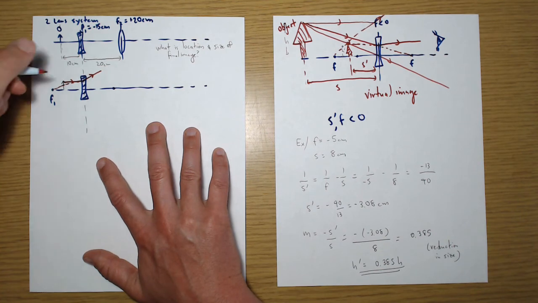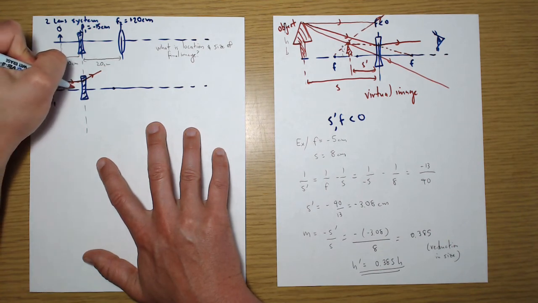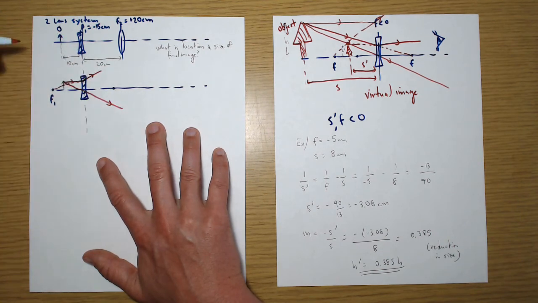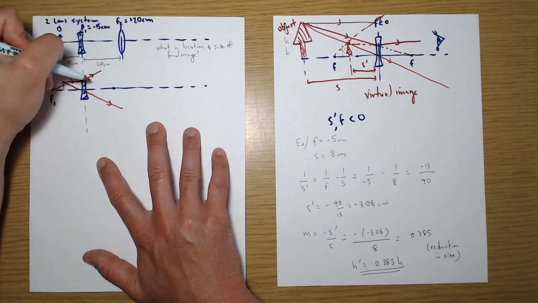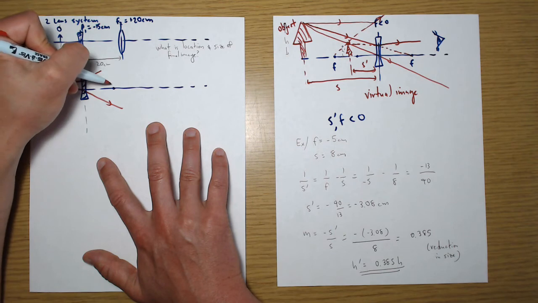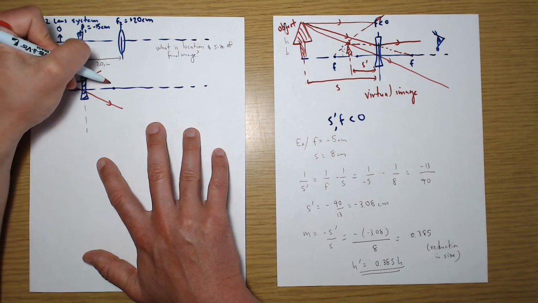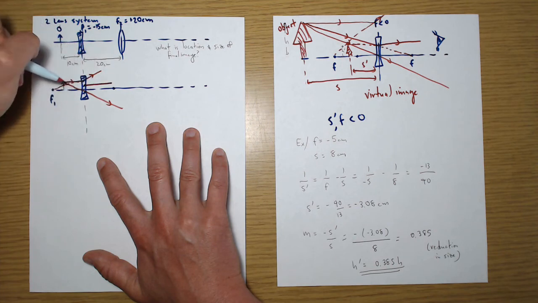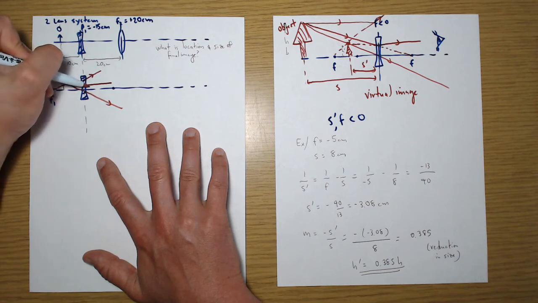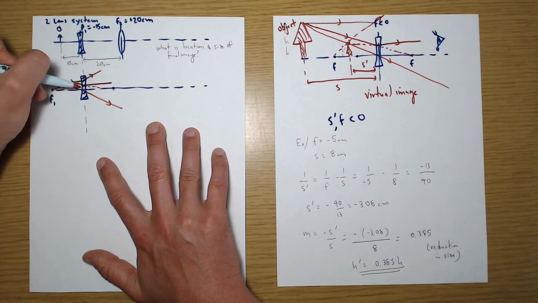Then I have the ray that goes right through the center of the lens. That one doesn't do anything. And then I have the ray that is parallel on the other side of the lens and goes like this. So then this ray diverges actually through this point.